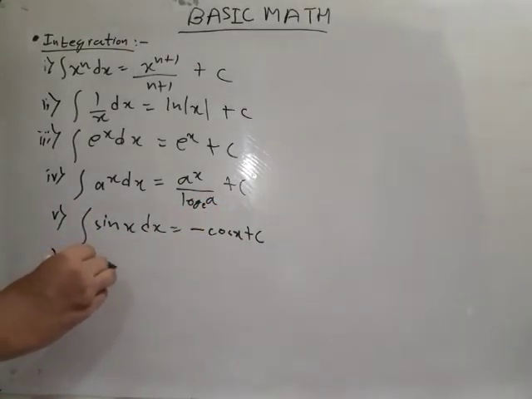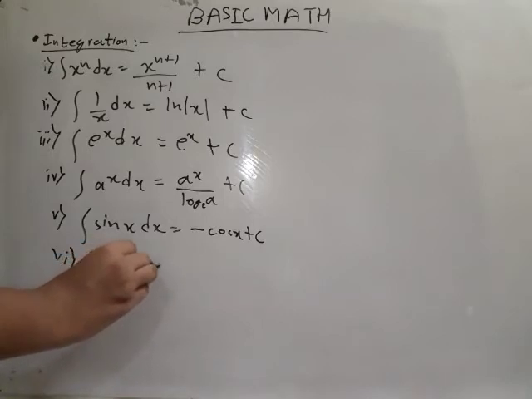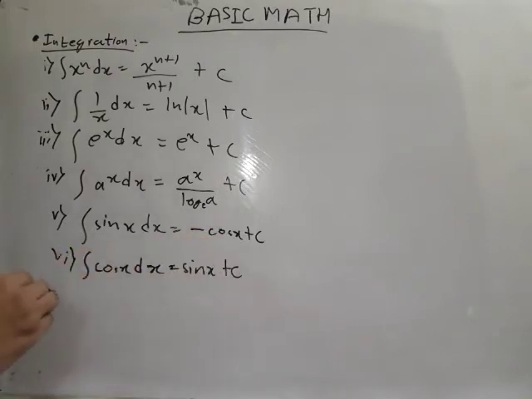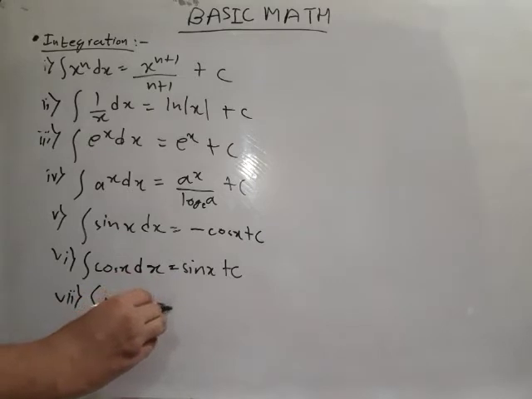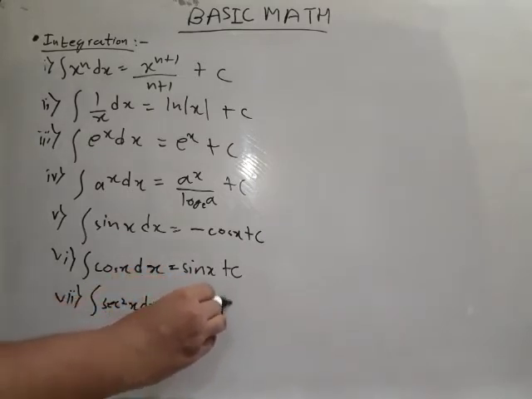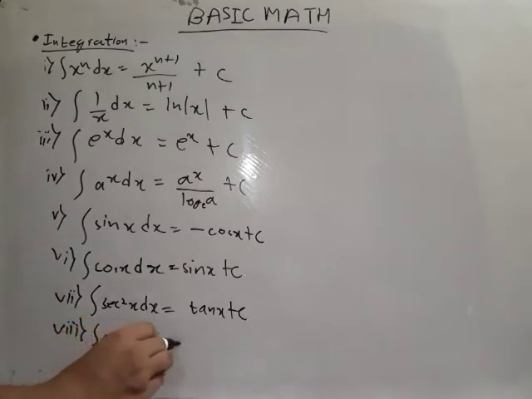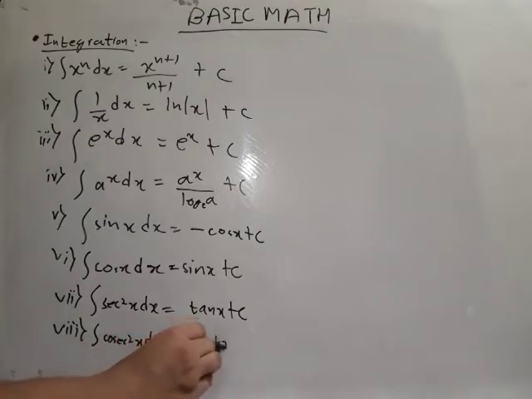Similarly, integral cos x dx equals sin x plus c. Integral sec square x dx equals tan x plus c. Integral cosec square x dx equals minus cot x plus c.